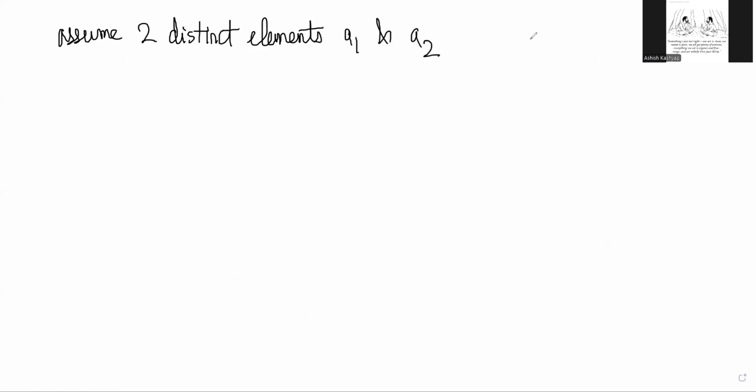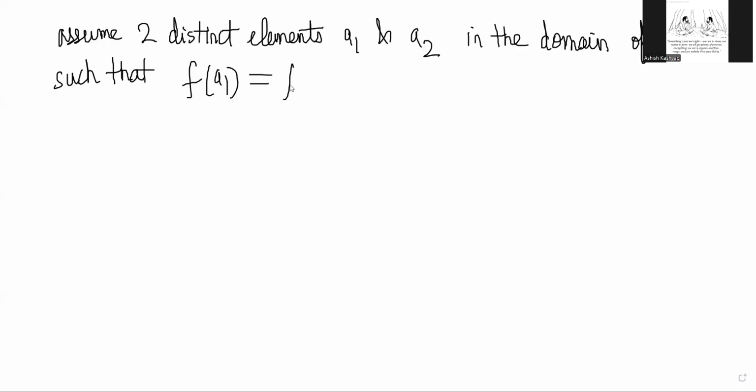The contradiction method is useful in proving injectivity because we can always assume two distinct elements A1 and A2 in the domain of f such that f of A1 is equal to f of A2 with A1 not equal to A2.